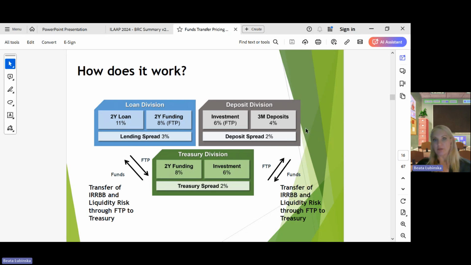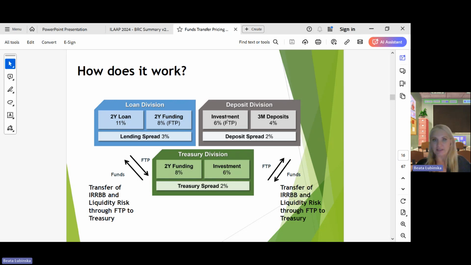At the same time, the treasury unit is remunerating the deposit center with the 3 months FTP rate, because again, the principle of matching, the principle of fictitiously hedging this position, is the same as on the asset side.